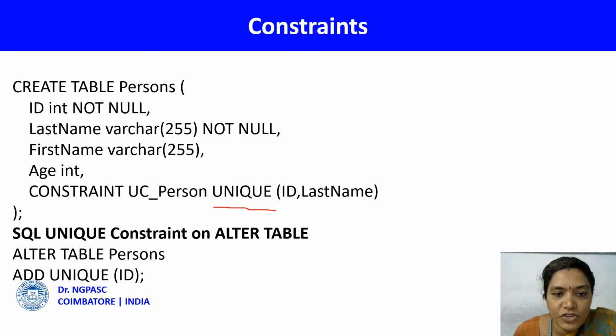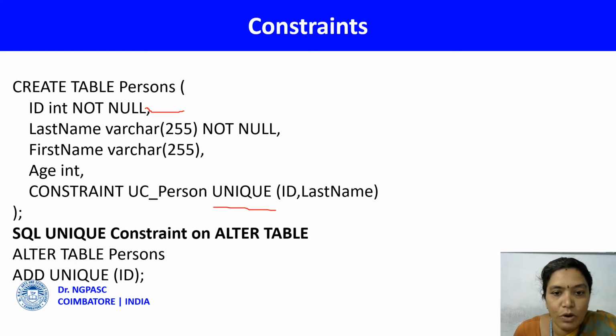If I am defining the constraint at the column definition itself, that is called column level, which is applicable only to that particular column. Here I have used a table level constraint, which means I am adding a constraint for more than one column, that is, for the ID column as well as my last name column.